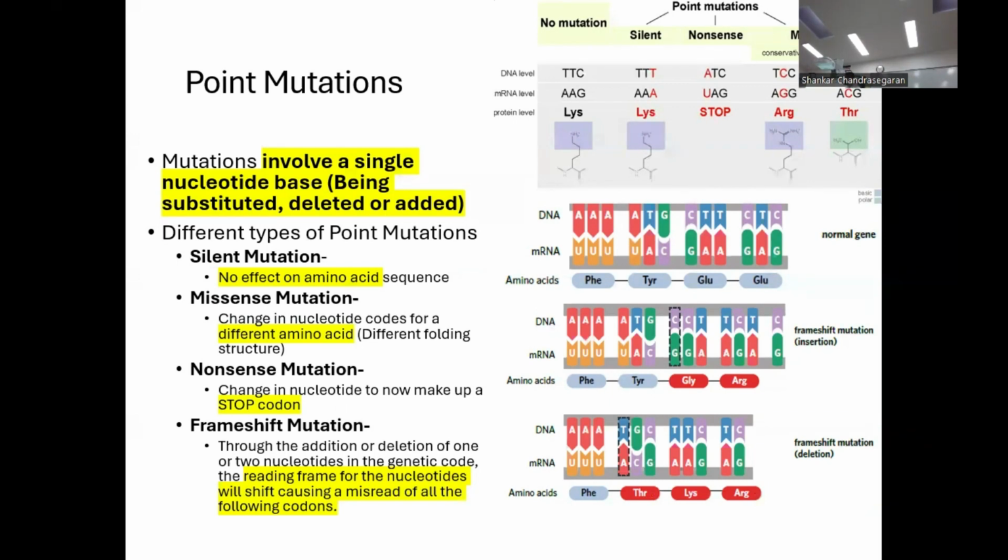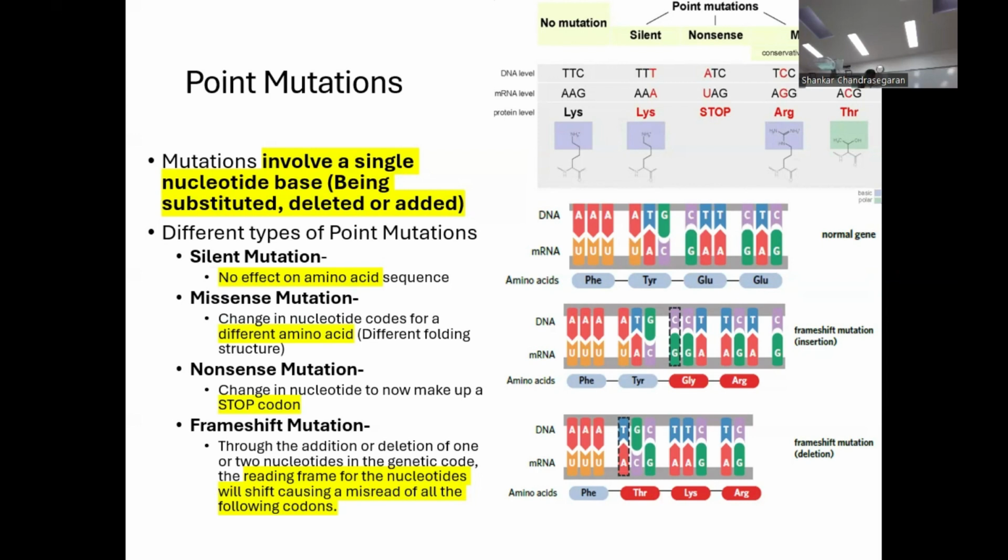So three ways it can happen. The original nucleotide can be changed with another nucleotide, or that nucleotide can be deleted out of the entire sequence, or a new nucleotide is just added into that sequence, and each of them will affect it in a different way. So let's look at it.